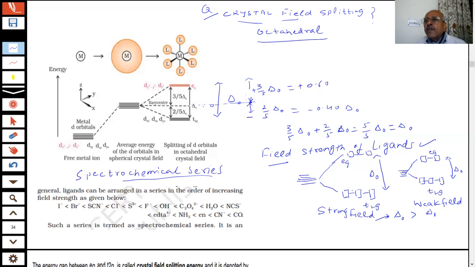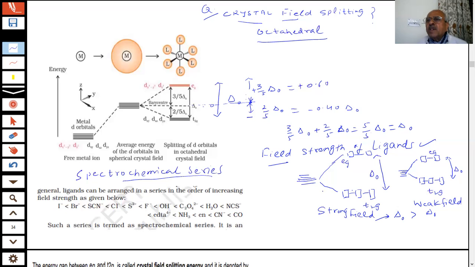Cyanide. EN is ethylene diamine. Ammonia is strong. EDTA, ethylene diamine tetraacetate, is strong. Up to this, water is even coming in the strong list, and then it is decreasing.